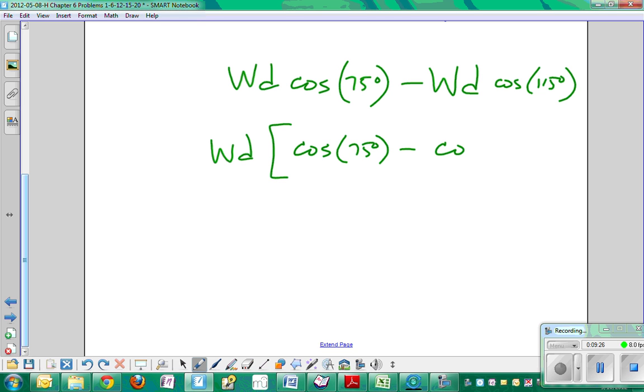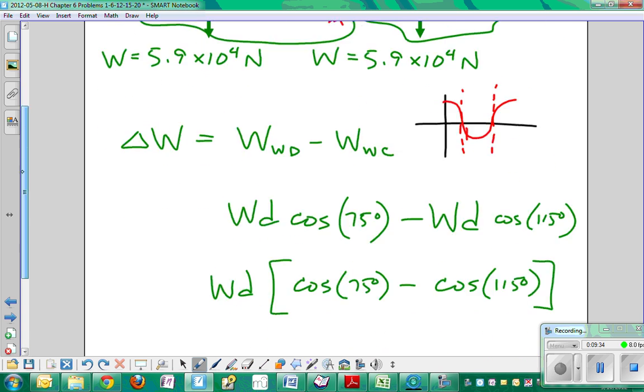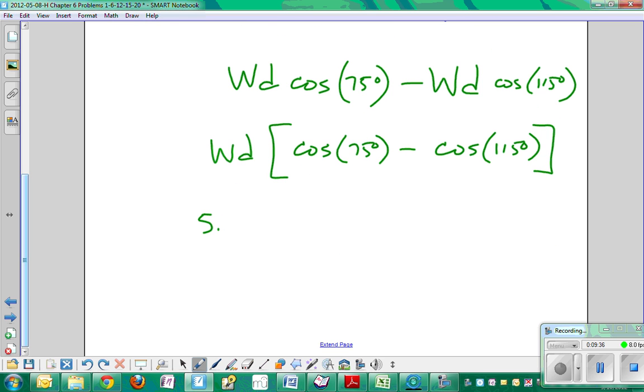Minus the cosine of 115 degrees. So that's going to be weight, which was given to us as 5.9 times 10 to the 4th newtons, times the displacement, 1.7 times 10 to the 3rd meters, times the difference between cosine of 75 and the cosine of 115.